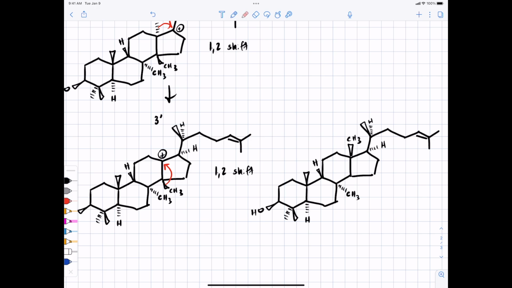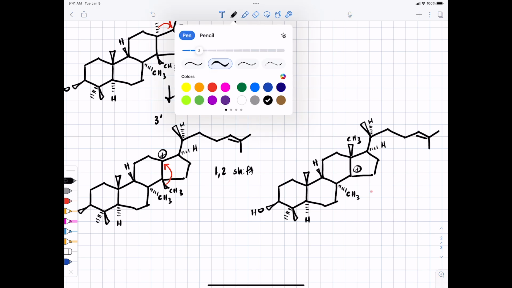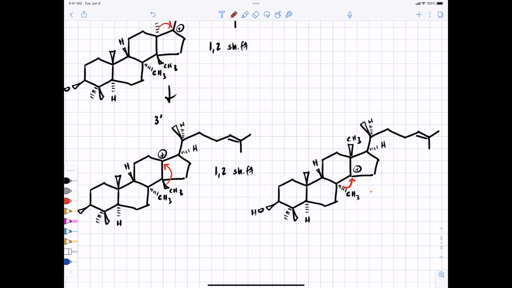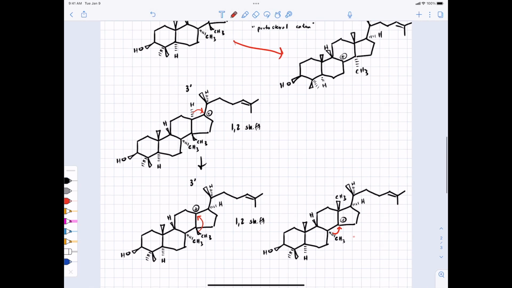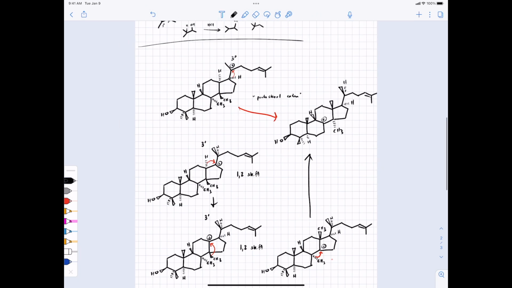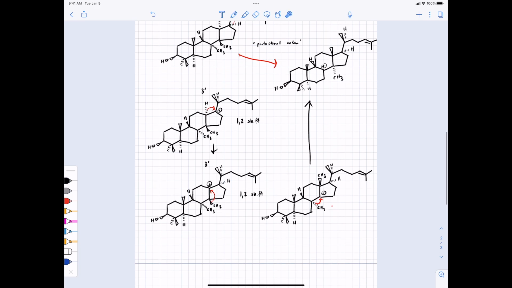And then we have a positive charge here, and we'll do one more 1,2 methyl shift, and that will get us to the desired carbocation. Okay, so I'm counting 1, 2, 3, 4 carbocation rearrangements. Boom, boom, boom, boom.